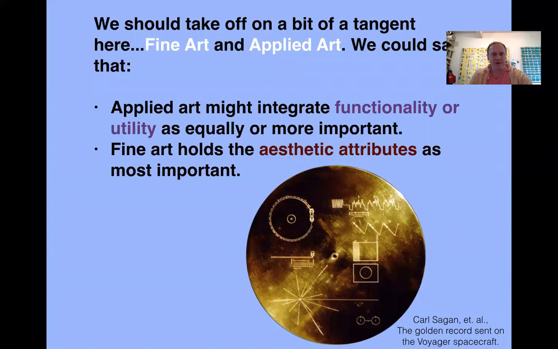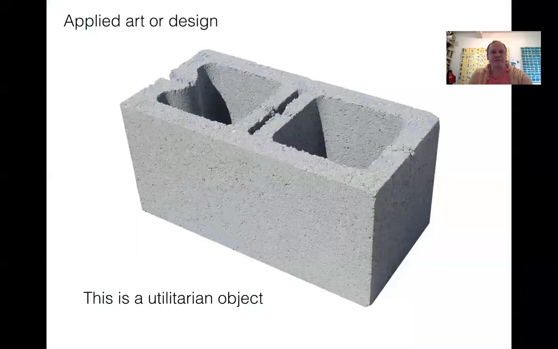And we should go on a little bit of a tangent. There's fine art and applied art, and they cross paths a lot. Generally, applied art might integrate functionality or utility as its main importance, whereas fine art holds the aesthetic attributes as the most important thing. So here's an example of applied art or design, and this is just super utilitarian.